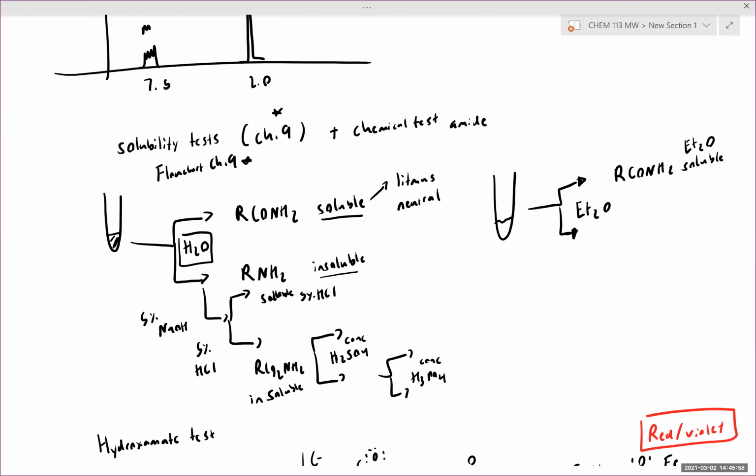Further, an interesting quirk of amides is that they're litmus neutral. So when you test the pH of the solution, you will see a roughly pH 7 solution by testing with litmus paper. Does everyone get that first distinction, the first thing to look at from the solubility test?